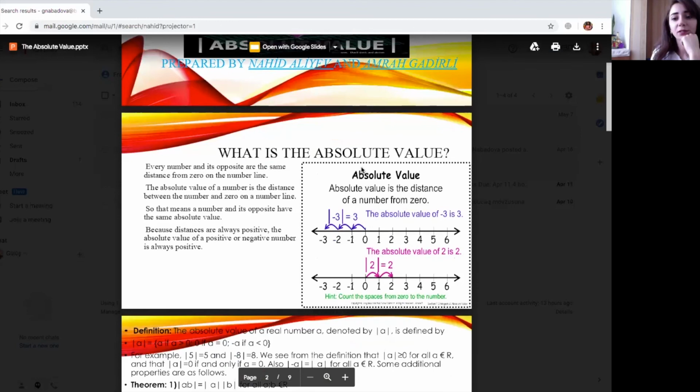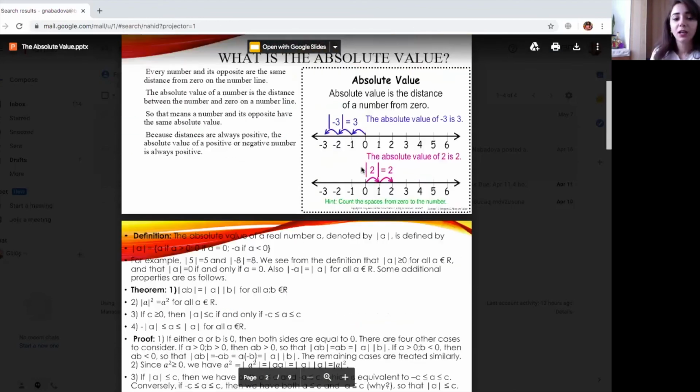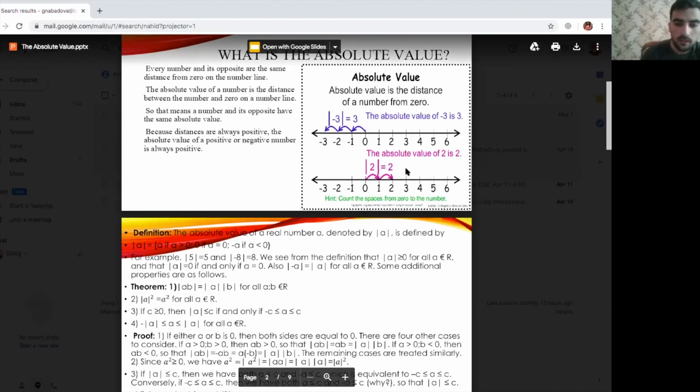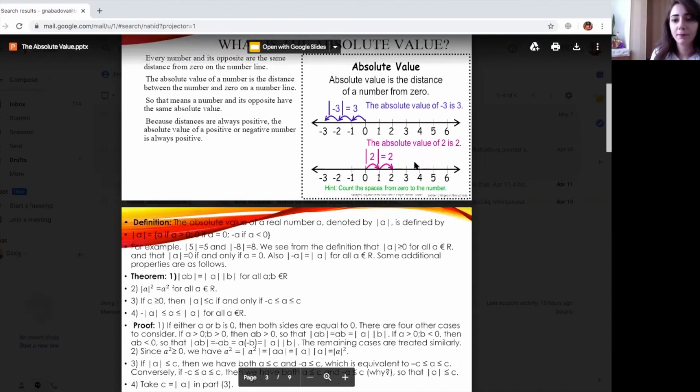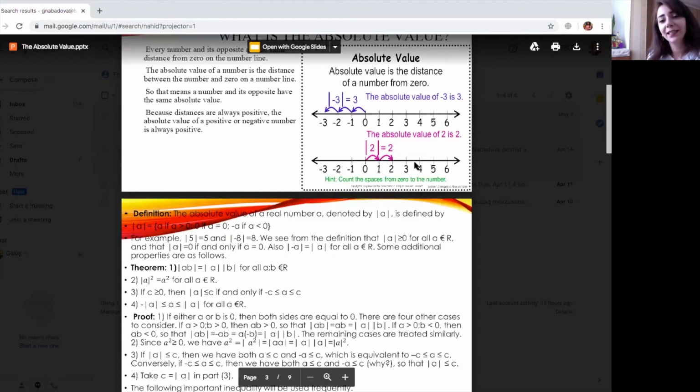The other definition is that the absolute value of a number is the distance between the number and zero on a number line. Just keep reading your presentation in English.